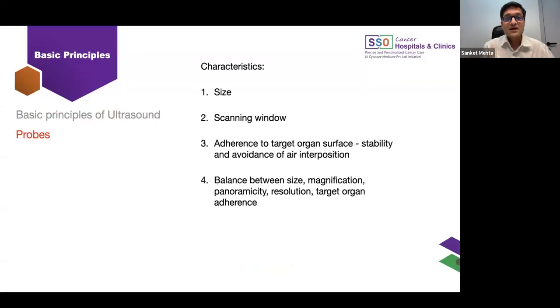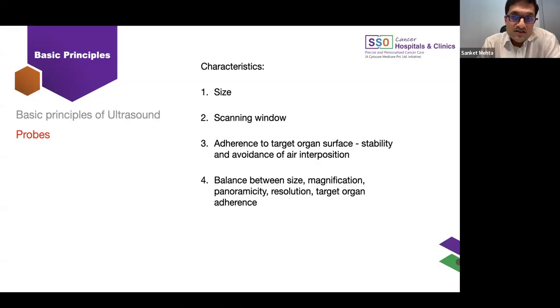Coming to the probes, how do we decide which probe to be used for intraoperative ultrasonography? It depends on, of course, whether it's an open or a laparoscopic surgery, but in open surgery, it depends on the size of the probe, the scanning window, and by that I mean the panoramicity that we require for a particular step in the surgery.